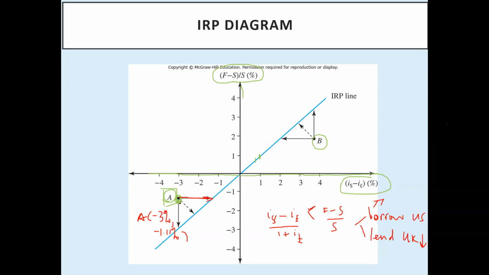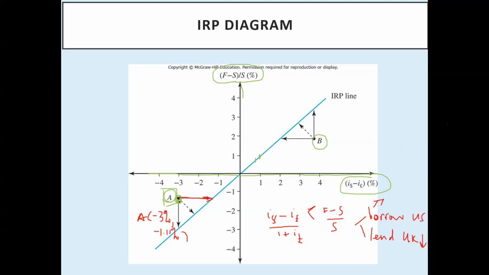At the same time, if we think about the effect on the exchange rates, now when people arbitrage in this case, when they borrow in the US and lend in the UK, what do they do with the exchange rates? They'll be selling the pound, okay? So if we go back to our example before, when this happens, we'll be selling the pounds forward.